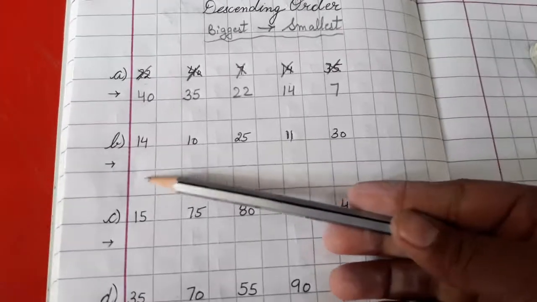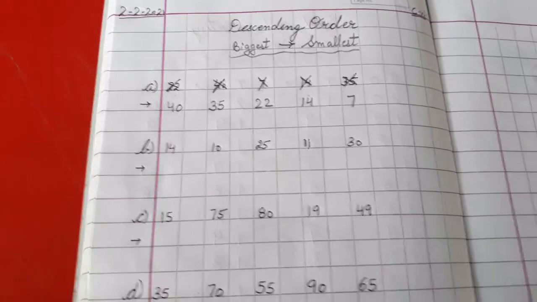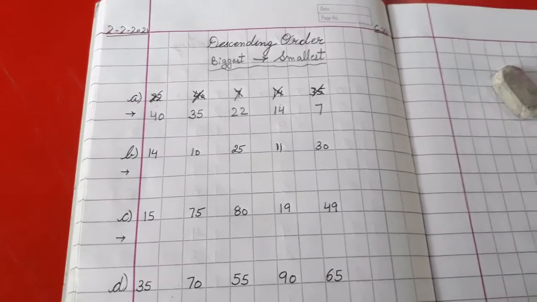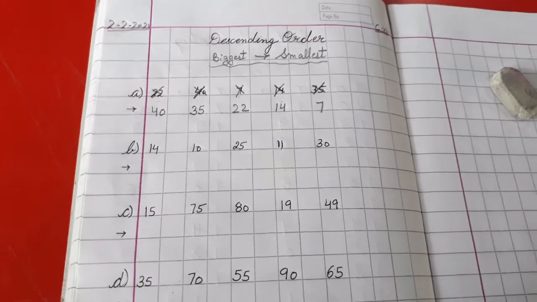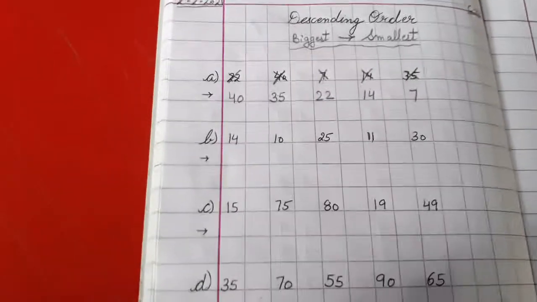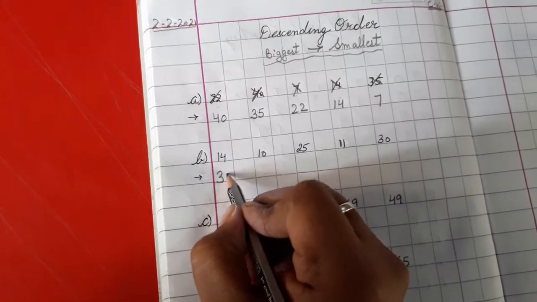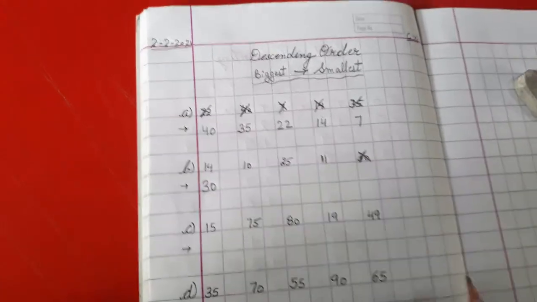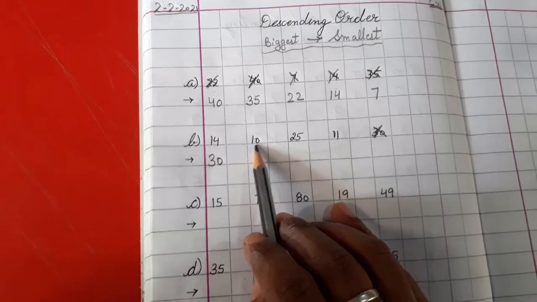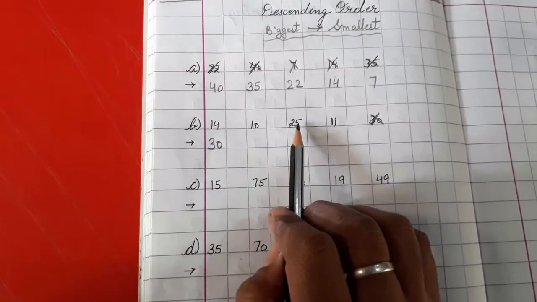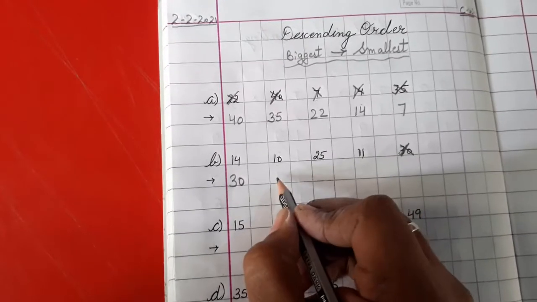Now next we have is 14, 10, 25, 11, 30. Now tell me in this series which is the biggest? 14, 10, 25, 11 and 30. So the biggest will be 30. Yes. So what you are going to do? Copy 30 and cross it from here. Now we have 14, 10, 25, 11. Tell me quickly. 25. Very good.